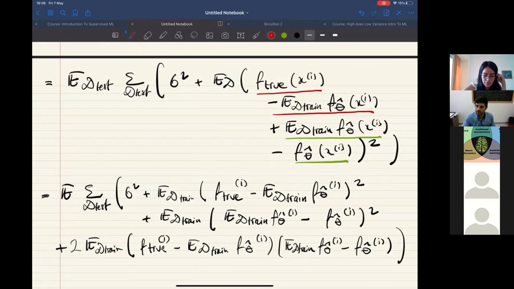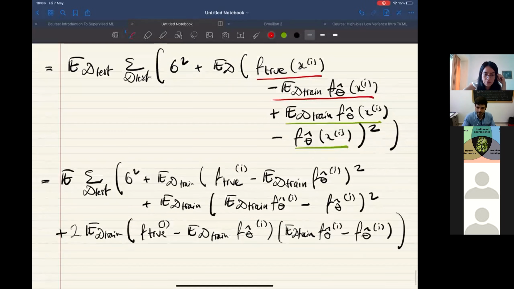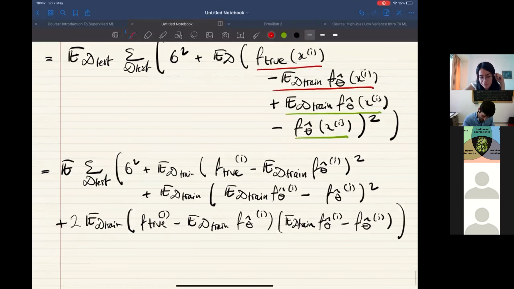So it looks even more complicated, but let's see that it becomes actually simpler. So first, let me comment on the last term here. What does it give?